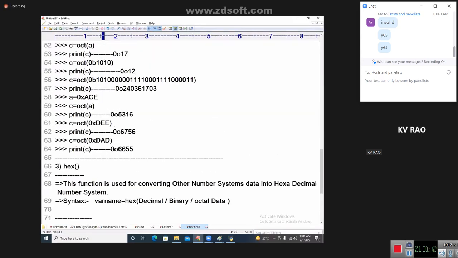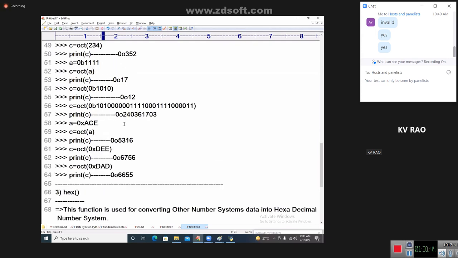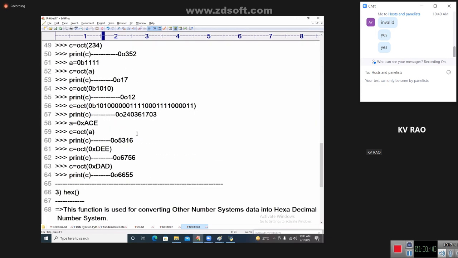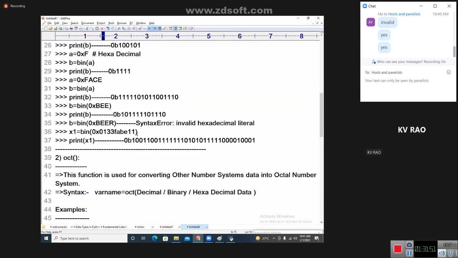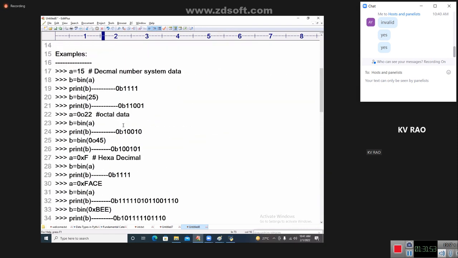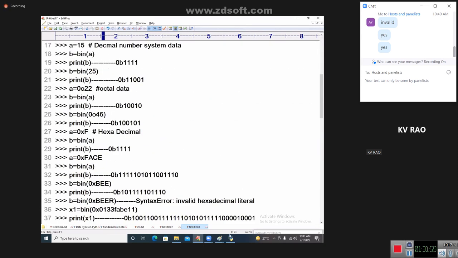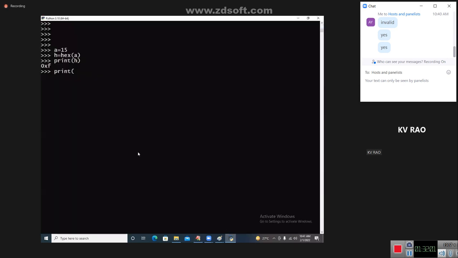Now, my dear students, I will write one small question here. What is the equivalent value of BEE? The number is called BEE. Some value is there, I will take it here.